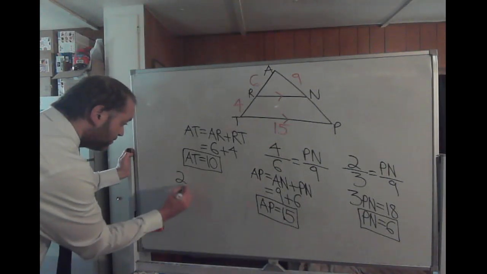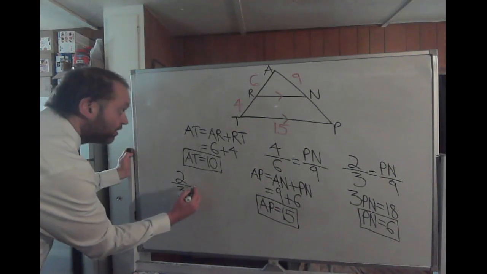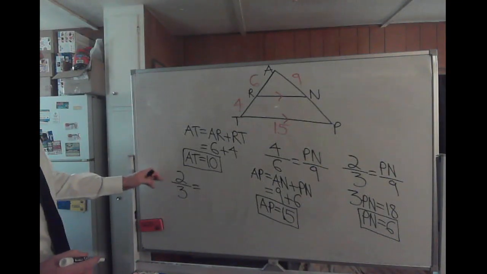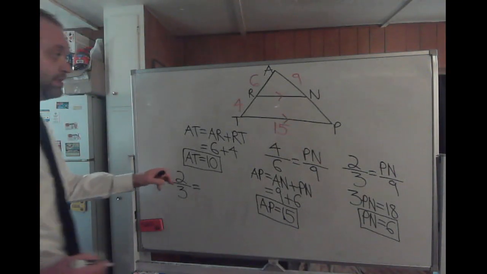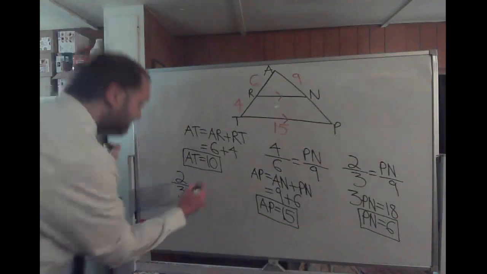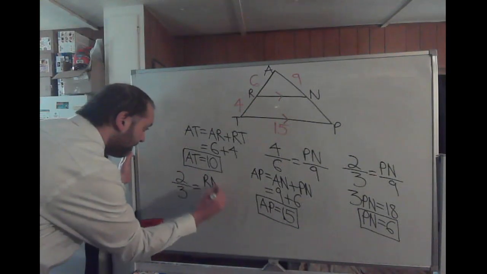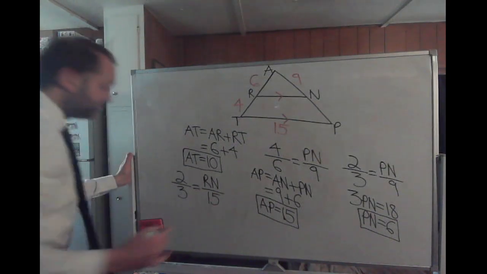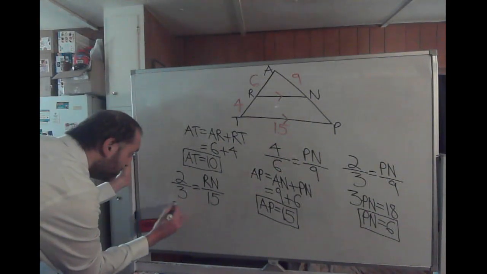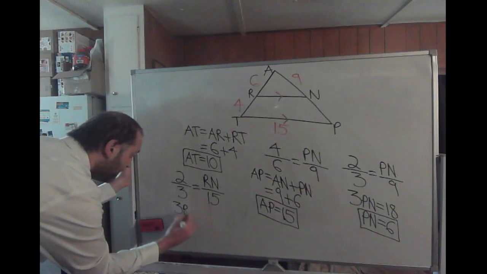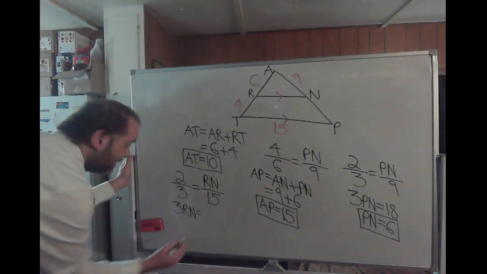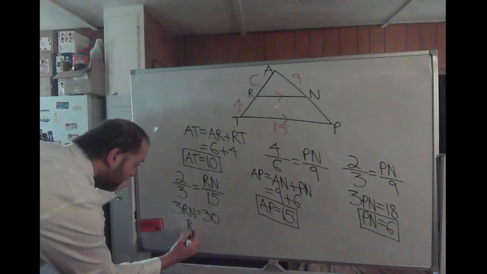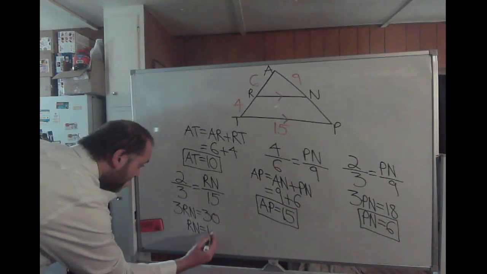Your scale factor was 2 to 3. We've determined that already. Now, if your scale factor is 2 to 3, that means we consider the small side first, the RN, to the base of the whole thing, which is 15. And then you just do your cross product, you would end up getting 3RN equals 30, which could only then give you that RN would have a length of 10.